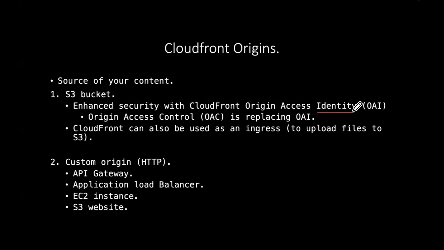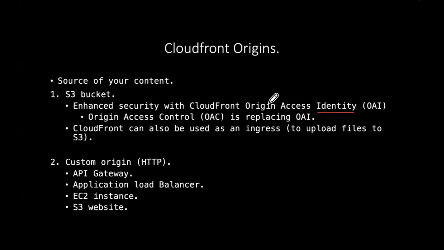You could think of an origin access identity as a sort of virtual IAM role that you define, and you attach whatever privileges you want to that role, and then you assign that origin access identity to the distribution or to whoever or whatever you want to give access to the bucket.